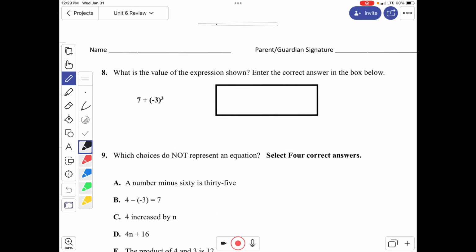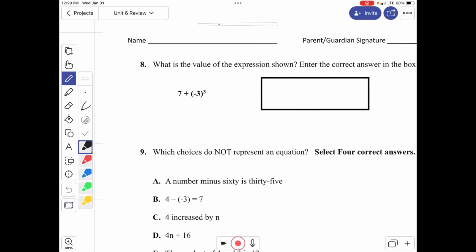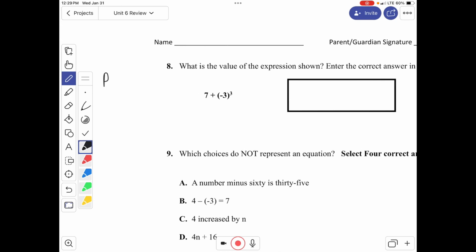Question 8. What is the value of the expression shown? Enter the correct answer in the box below. So again, remember those steps. Parentheses, exponents, multiplication and division, adding and subtracting. We really don't have parentheses. They're just putting parentheses around the negative number, so we know that's a -3.